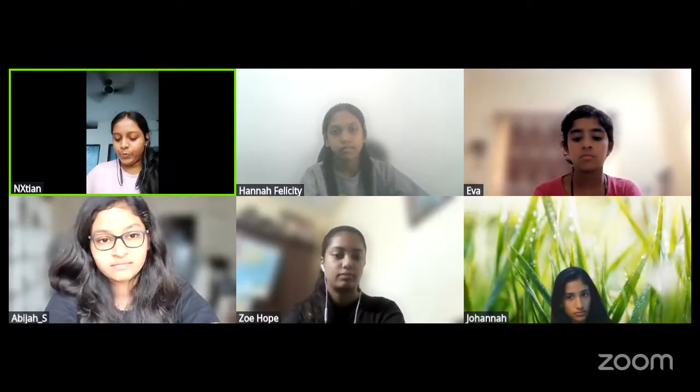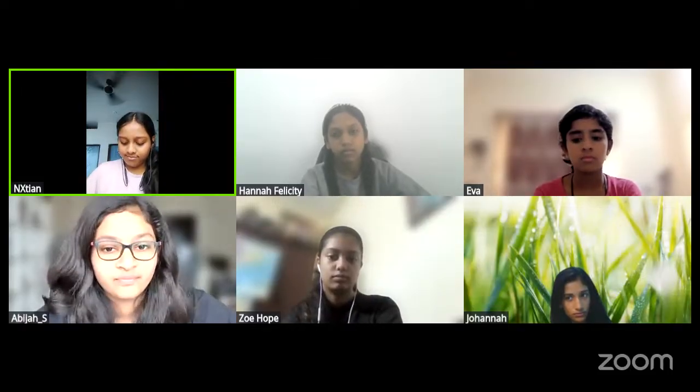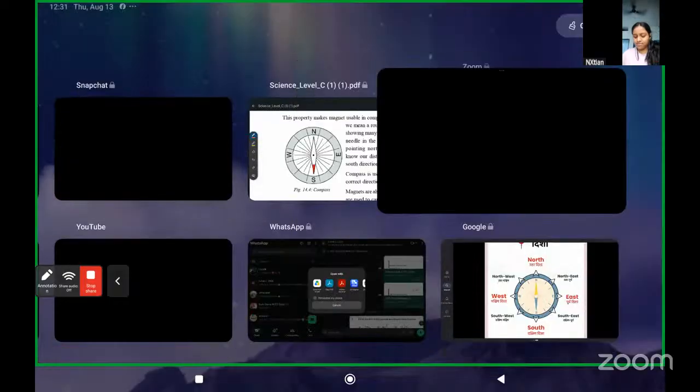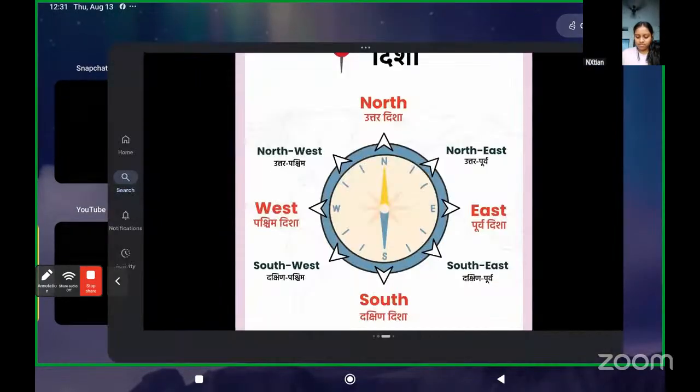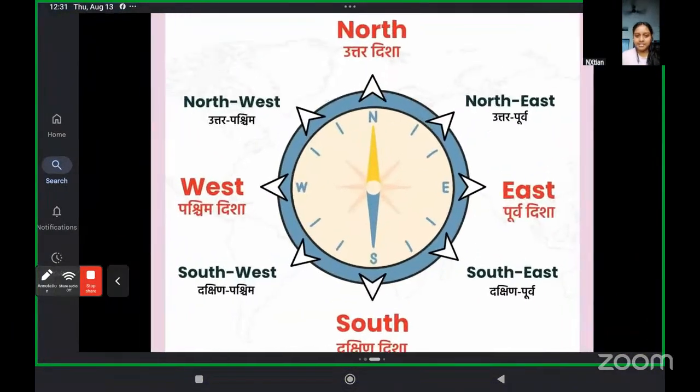About the directions. The top direction is north, and right opposite to it is south. To our right, we have the east, and to the left is the west.